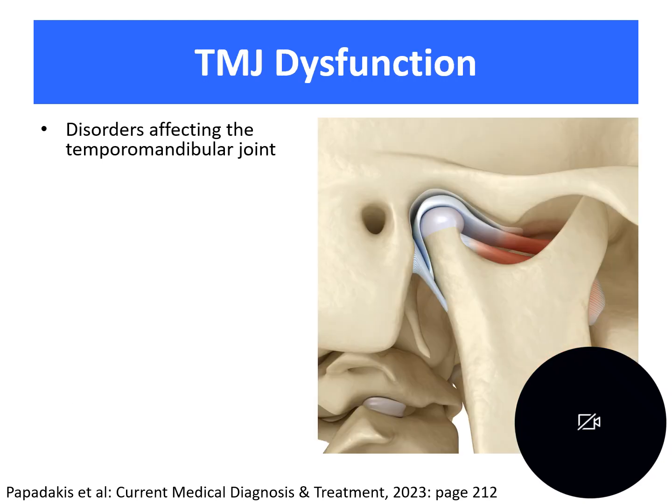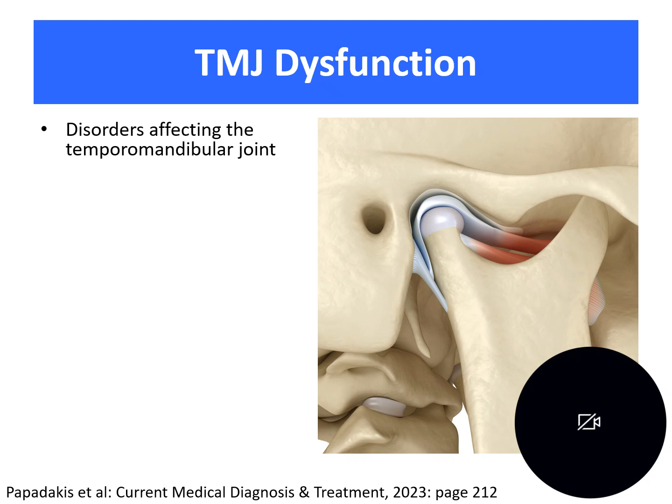And then the third cause of earache, having ruled out otitis externa by pulling on the ear, and having ruled out otitis media by looking into the ear for either a bulging tympanic membrane or mucopurulent discharge, is temporomandibular joint dysfunction.